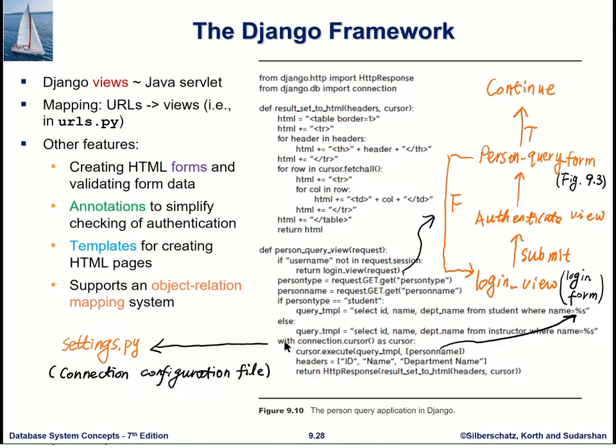After that, you can find we have the with connection cursor as a cursor. In fact, for this one we ignore another important thing: this means we already do the database connection. But where is the database related information?